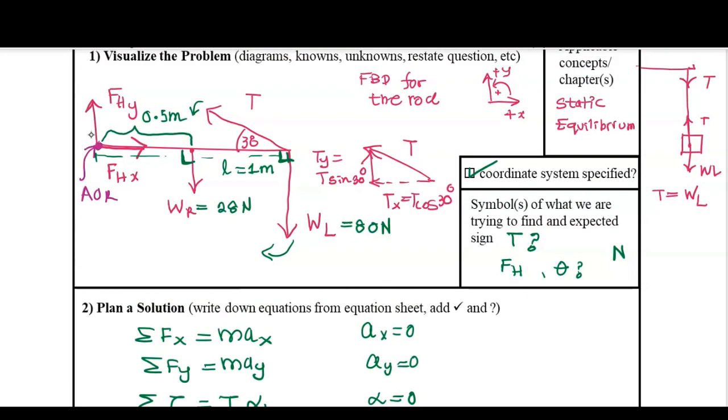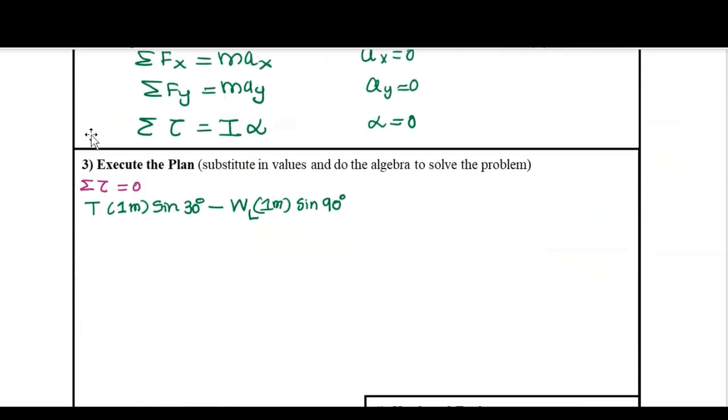And then the third force is the weight of the rod. It's going to create a clockwise rotation. It's negative weight of the rod times the distance, 0.5 meters, the distance between the axis of rotation and the force, and then the angle is 90 degrees. Sine 90 is equal to 1.